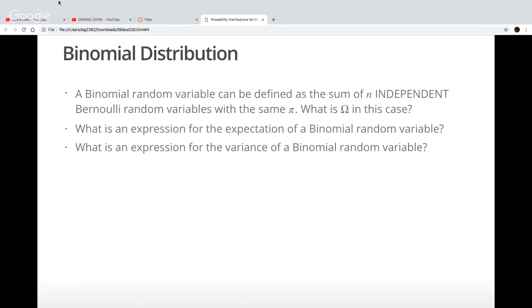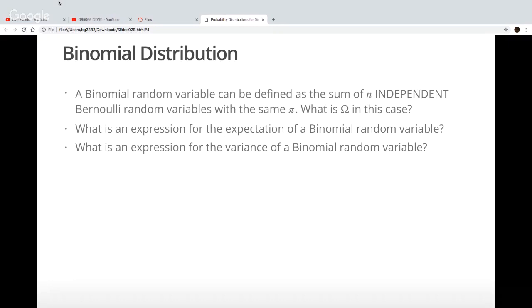Plus twice the covariance. So we know the variance of a Bernoulli random variable, which we're going to be adding up n of them as opposed to just two. But what do we do with the twice the covariance piece? They're independent, so it is 0. Right? Covariance is a measure of linear dependence. Independent random variables have no dependence, linear or otherwise. So yes, the covariance of independent random variables is 0.